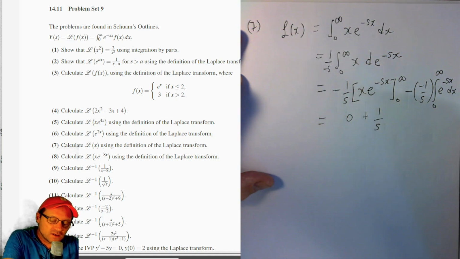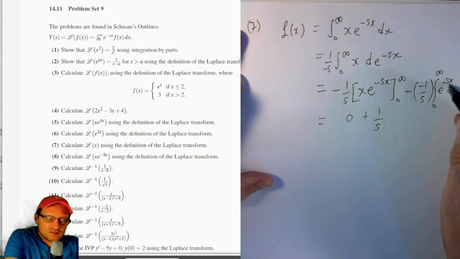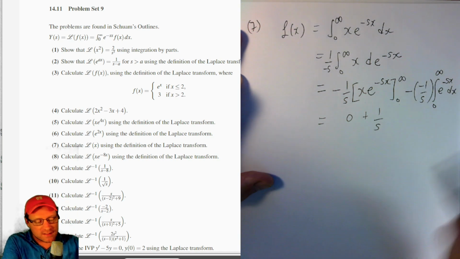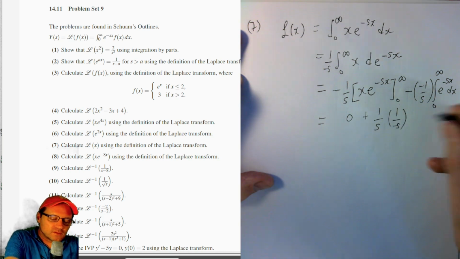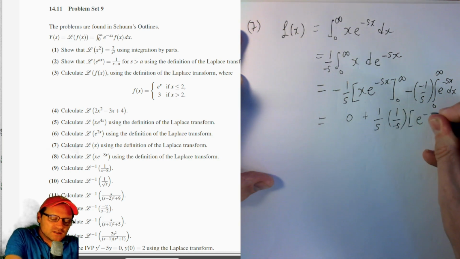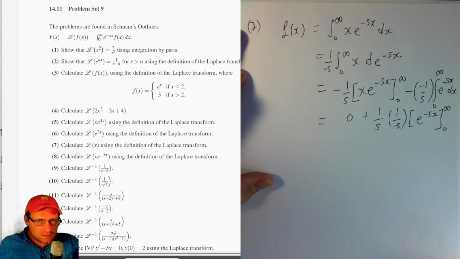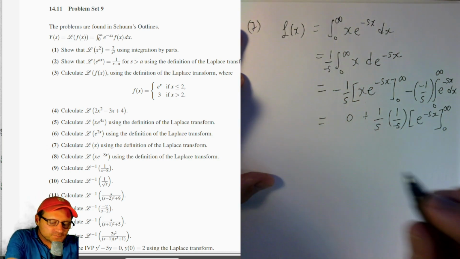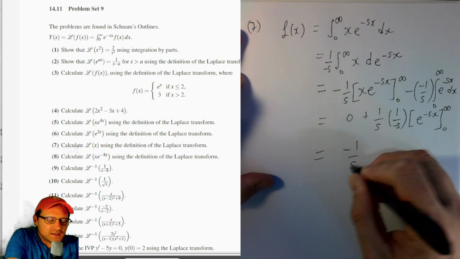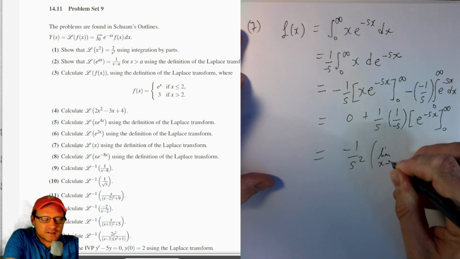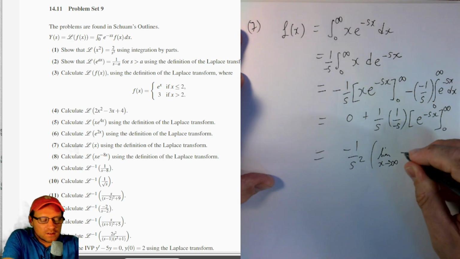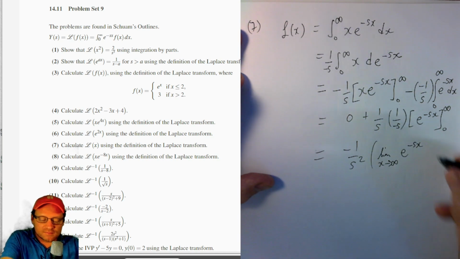So 1 on s. Now the integral of e to the minus sx with respect to x is 1 on minus s e to the minus sx 0 infinity. Okay, nearly done with this one. So we have minus 1 on s squared, then limit as x approaches infinity, e to the minus sx minus e to the 0.